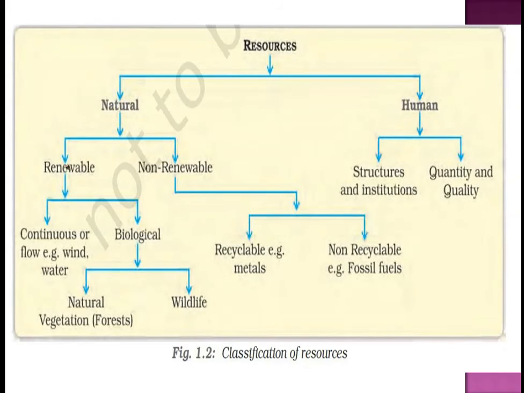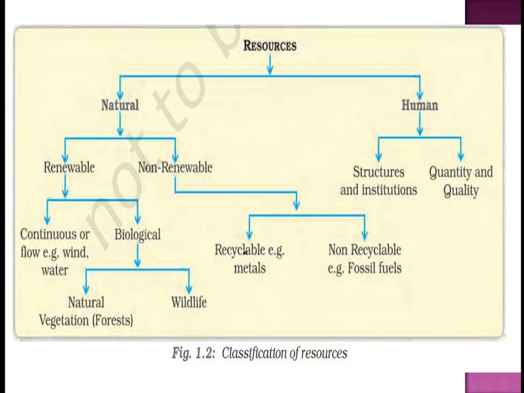Here we are seeing again renewable is divided into two, continuous or flow, example wind and water, which can be renewed. Then biologically, they are natural, again divided into two, natural vegetation, that means forest and wildlife.